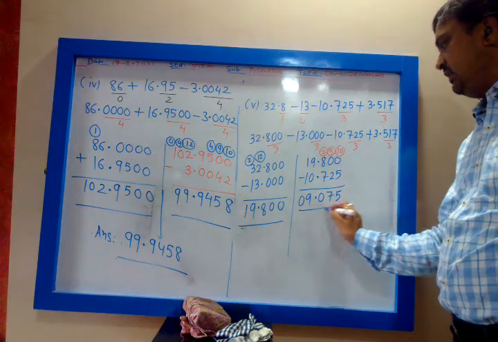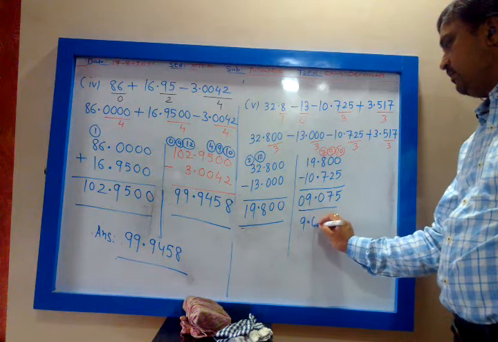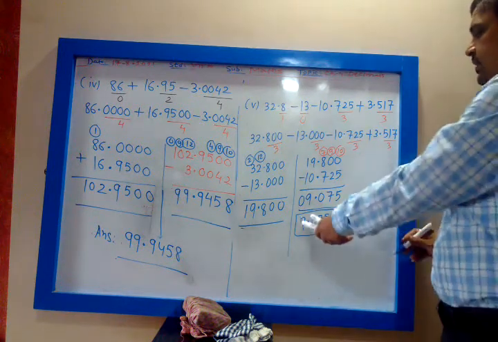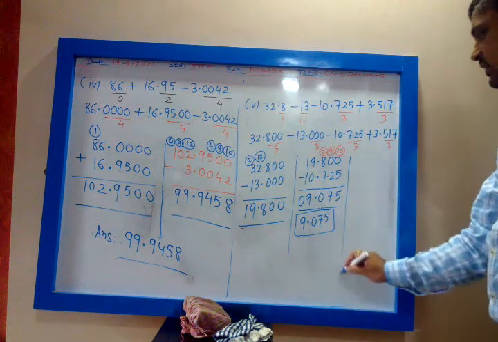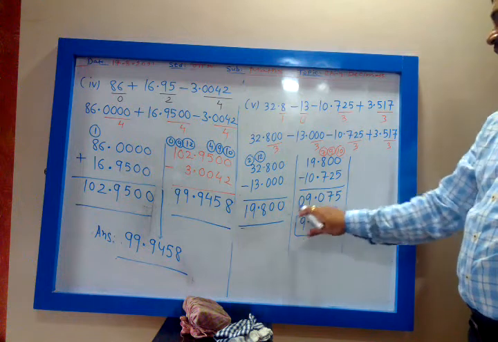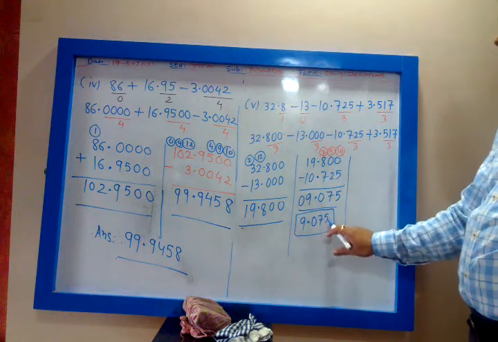So 09.075, which is same as 9.075, my dear. We have studied this.